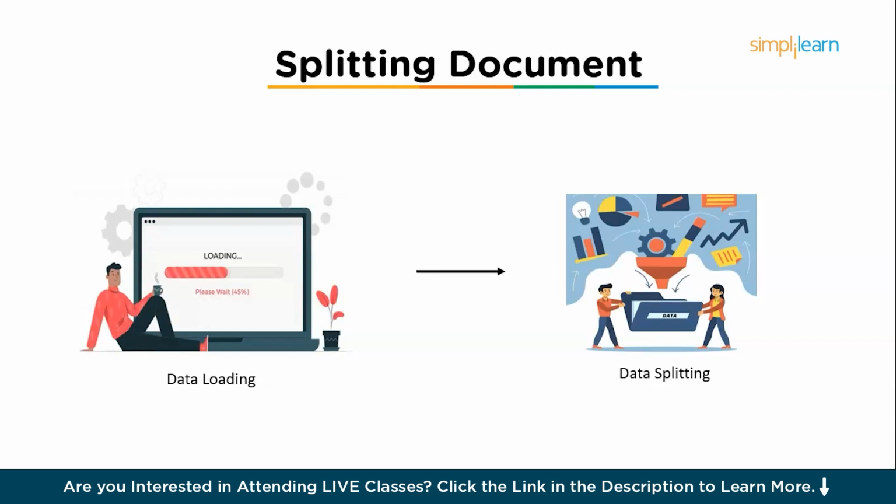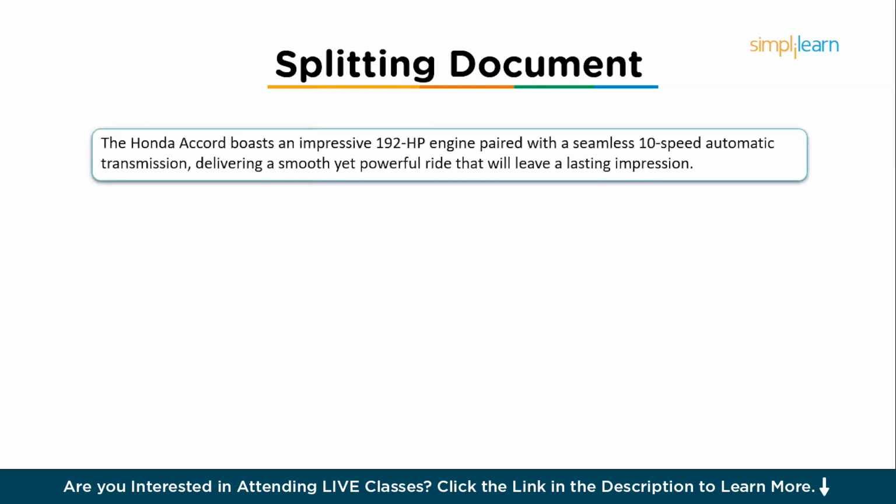As an example of why this is trickier and important down the line, let's take an example. The Honda Accord boasts an impressive 192 HP engine paired with a seamless 10-speed automatic transmission, delivering a smooth yet powerful ride that will leave a lasting impression. This is basically an example, and we are dividing it into two chunks.